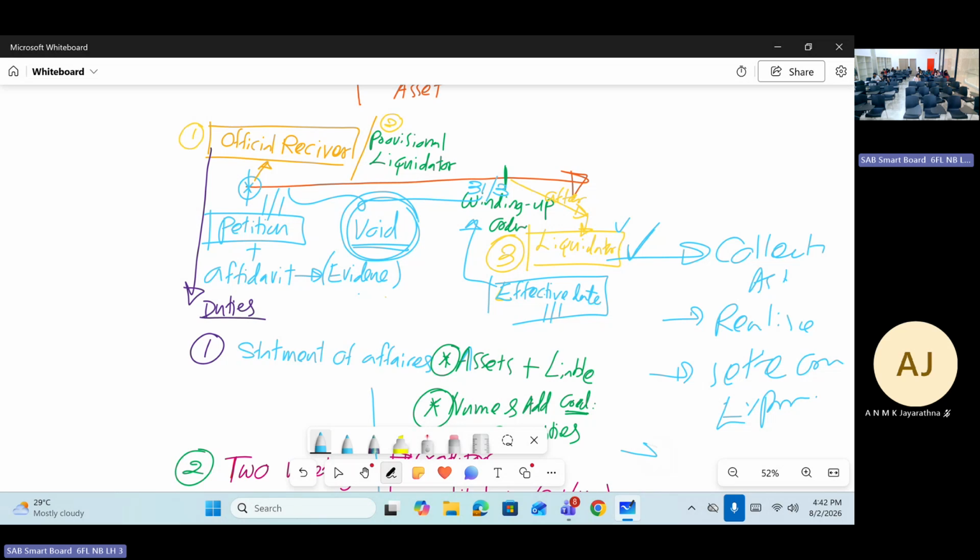Thereafter, surplus assets are to be distributed among the shareholders. So that is the winding up proceedings conducted by the liquidator. Understood?